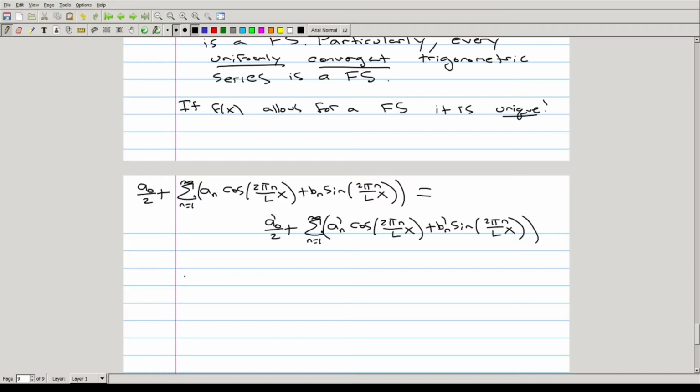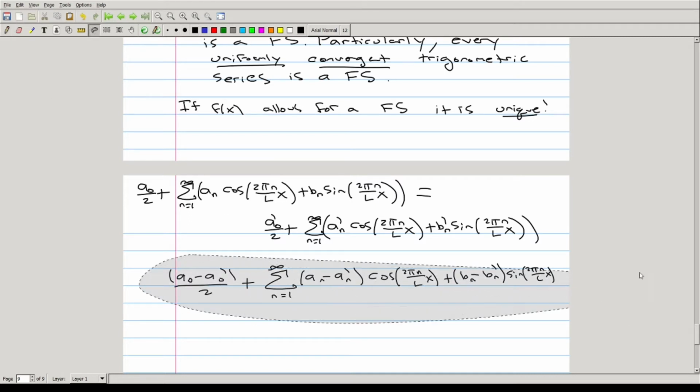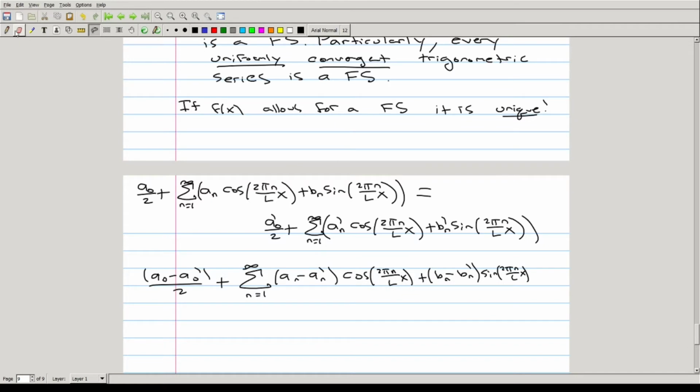Which means that the infinite sum of a naught minus a naught prime over 2 plus the infinite sum from n equals 1 to infinity of an minus an prime cosine of 2 pi n over L x plus bn minus bn prime sine of 2 pi n over L x converges to 0, if these are two uniformly convergent series and we subtract them.